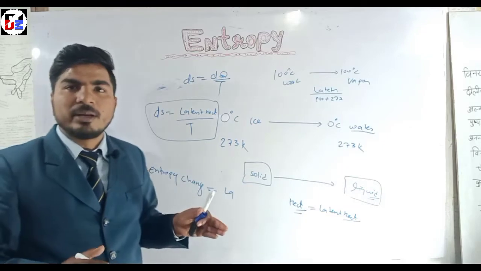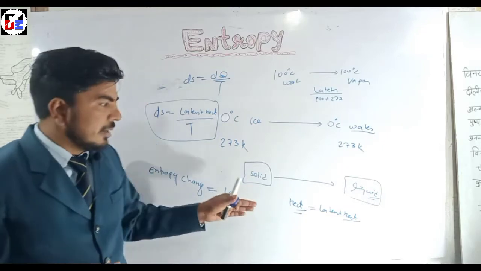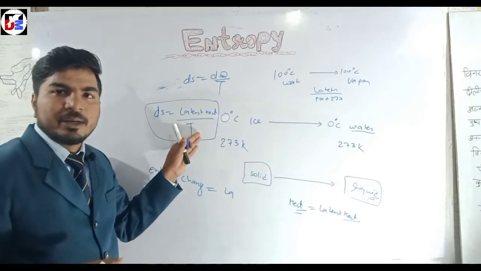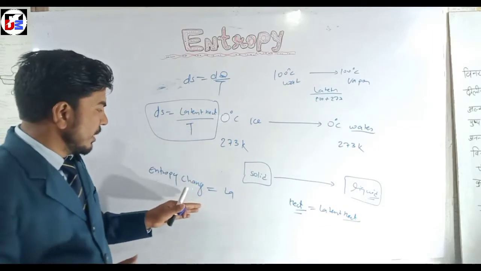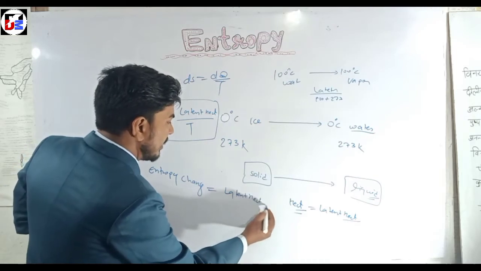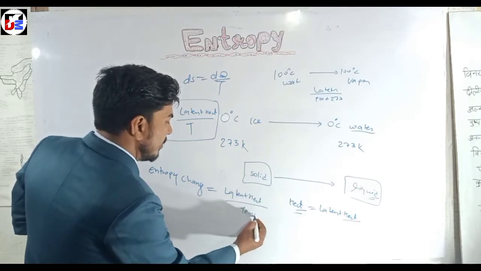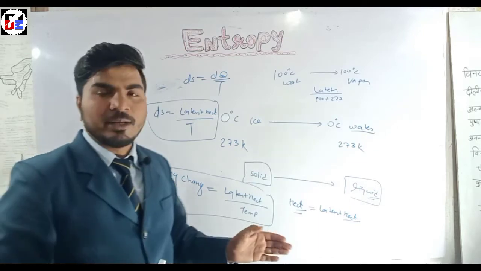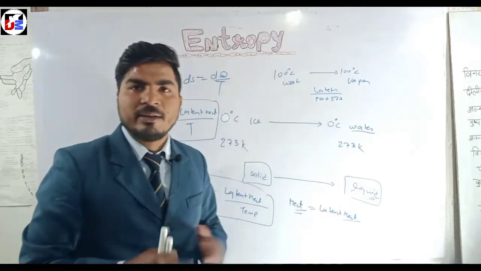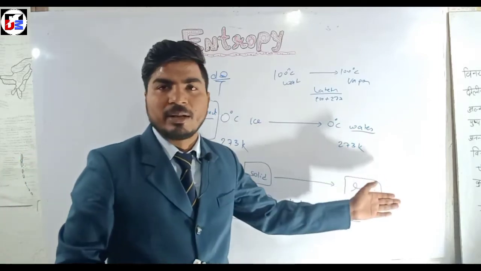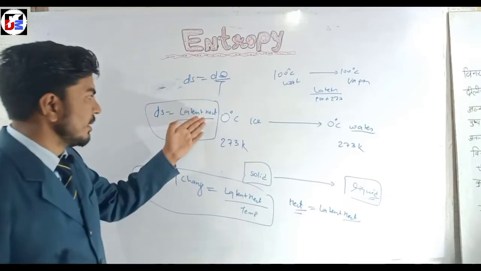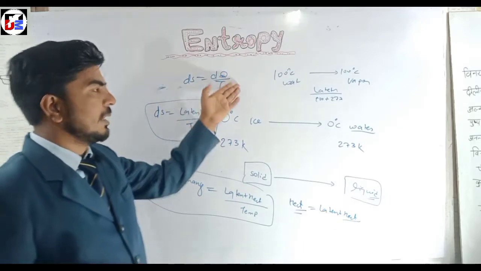This is similar to the case of a reservoir, because here also temperature is fixed and latent heat does not depend on T. This concept is utilized in numericals when a reservoir or phase transformation problem is given. You simply apply dS is latent heat upon T, Q by T.